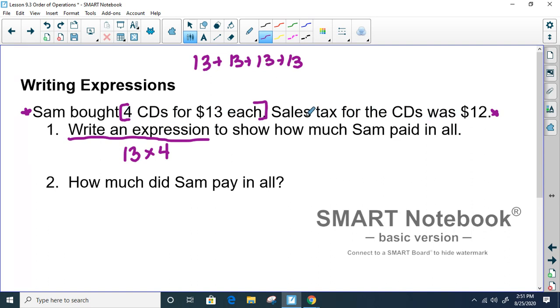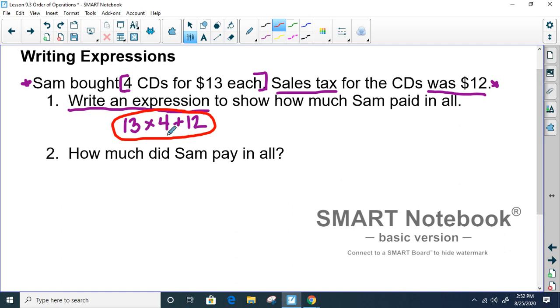But then here we also know that sales tax was $12. Now that's a one-time fee. I don't have to pay $12 for each CD. I just have to pay an additional $12. So I would have to add $12 here. So this right here, 13 times 4 plus 12, is my expression.